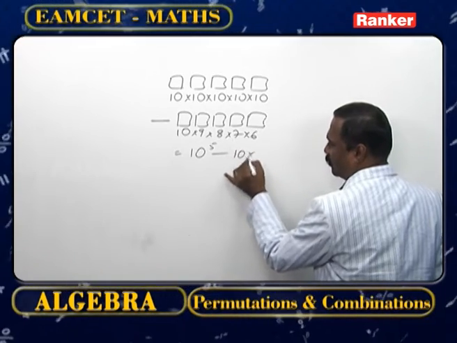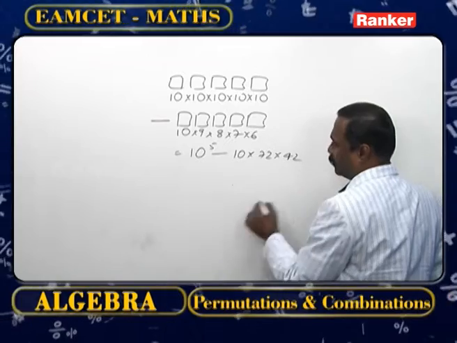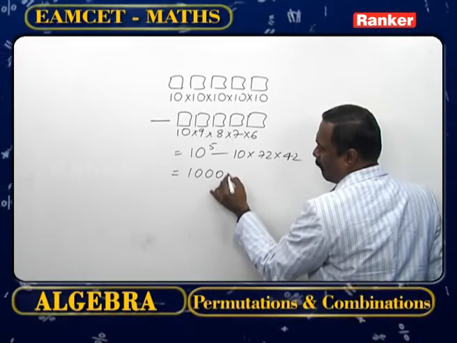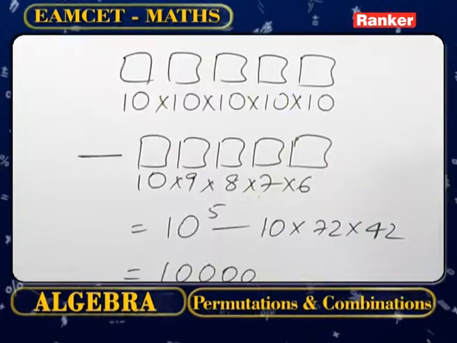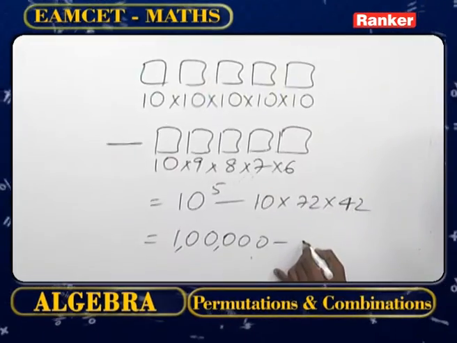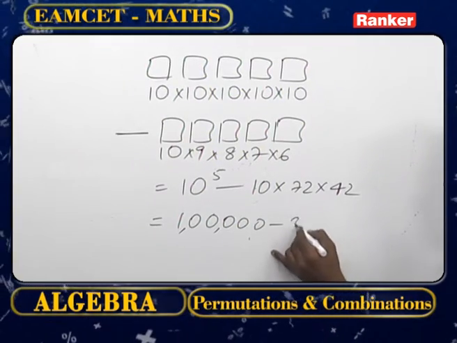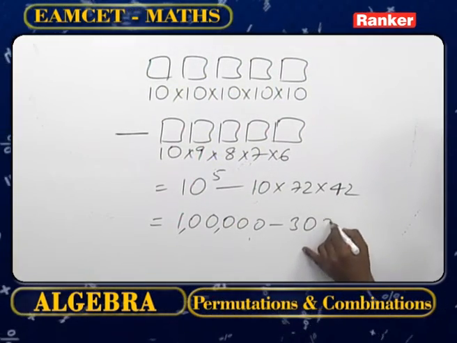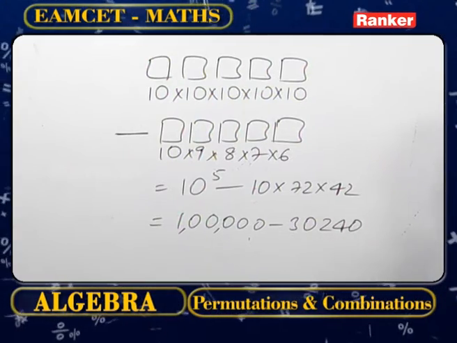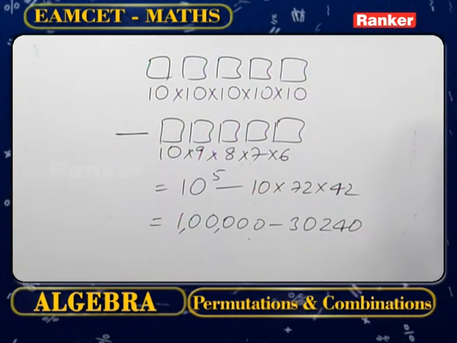It is 10 power 5 minus, you multiply this to get the final result. It is 10 into 9, 8s are 72, into 7, 6, 42. 10 power 5 is 1 lakh, minus this 30240.